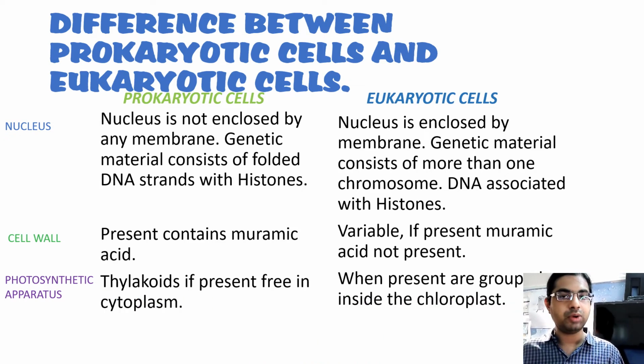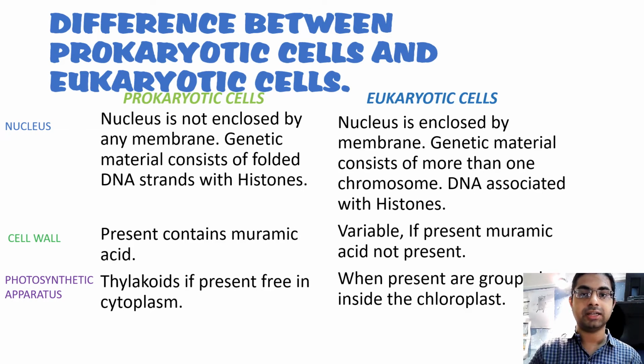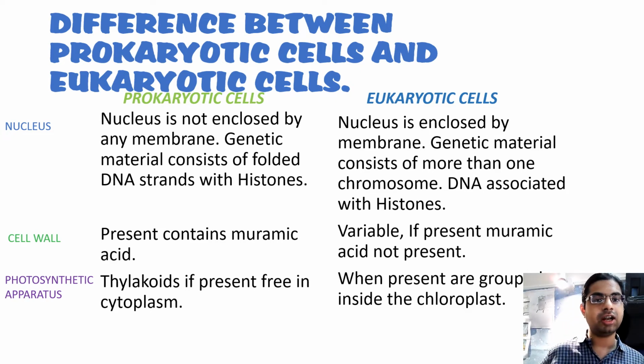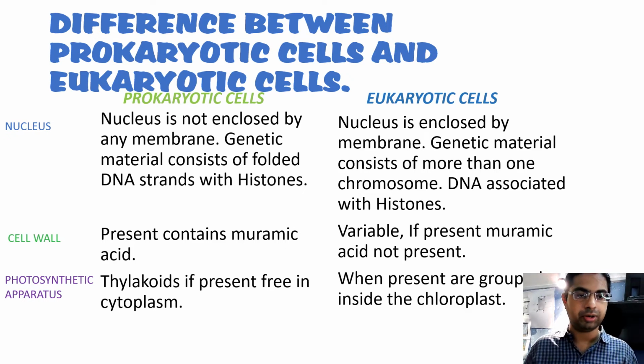But in eukaryotic cells there is a well developed nucleus, the nuclear membrane is present, and genetic materials are confined in the nucleus. In prokaryotic cells, the cell wall, if present, contains muramic acid, and in eukaryotic cells the cell wall is variable, and if present, muramic acid is not present.